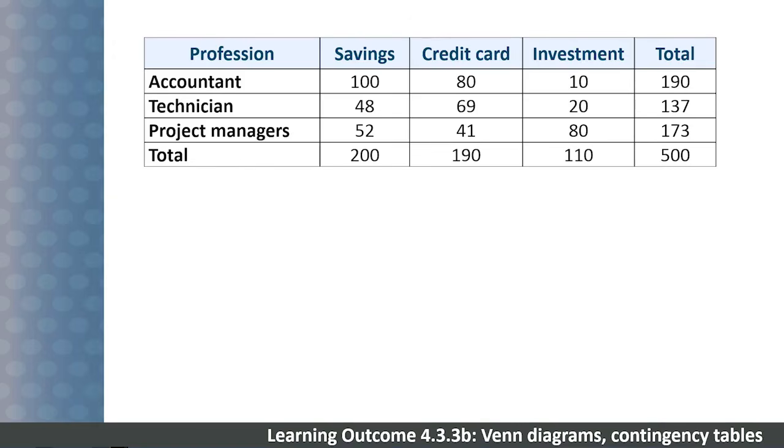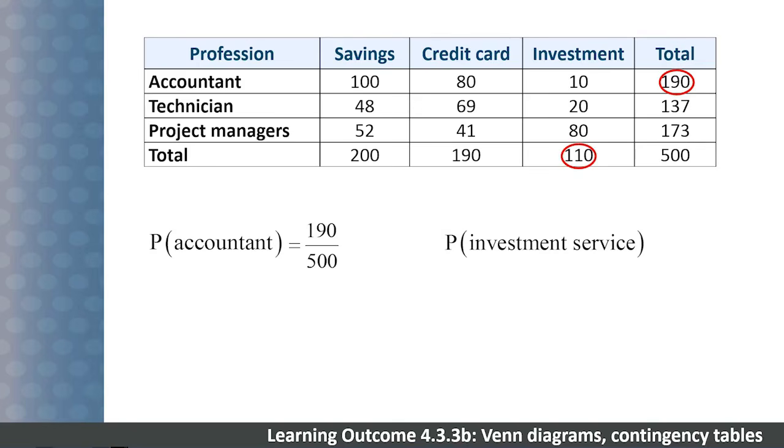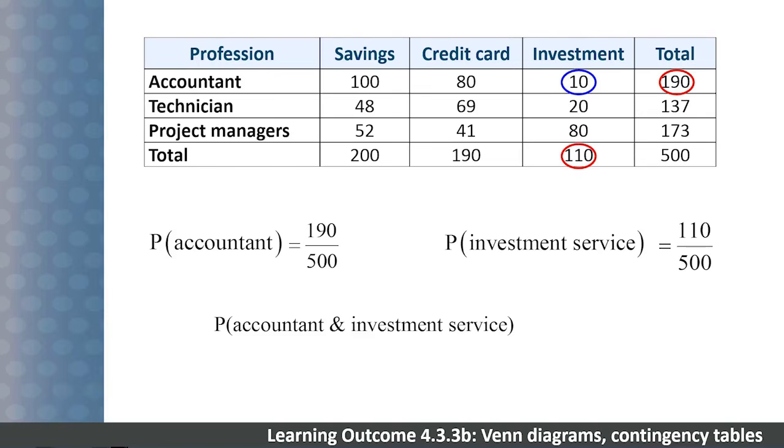Let's refer to our table. The probability of the client being an accountant is 190 divided by 500. The probability of the client complaining about investment service is 110 divided by 500. And the probability of the client being an accountant and complaining about investment service is 10 divided by 500.